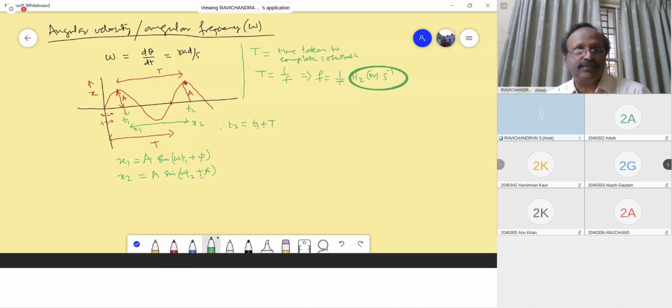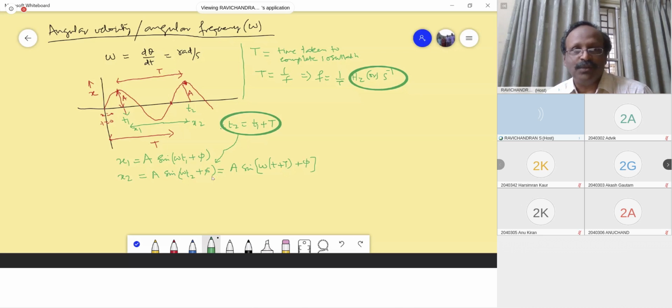Correct? Therefore, this can again be written A sine of omega T plus T plus phi. Hope you are able to follow, because T2 is this. I substituted here. That's all. Is it right?